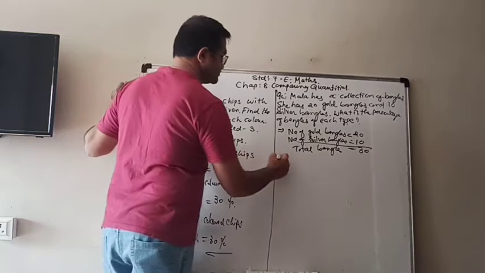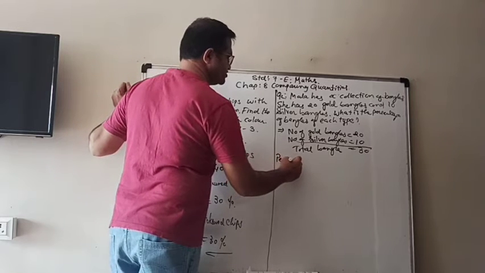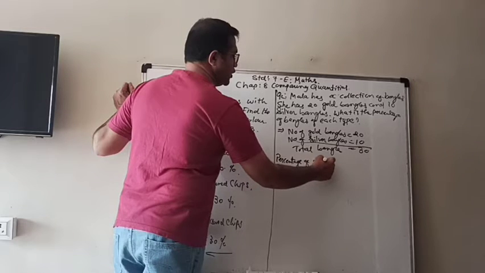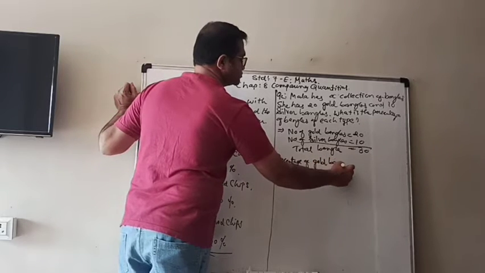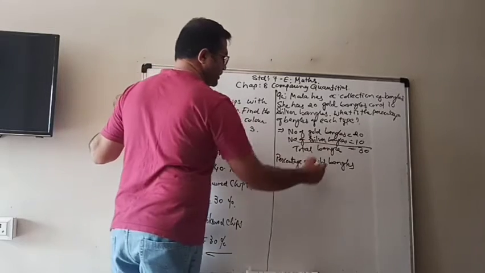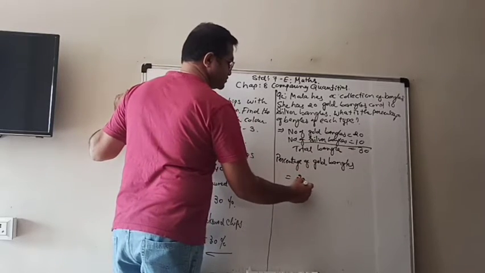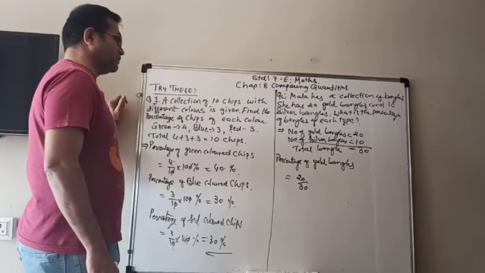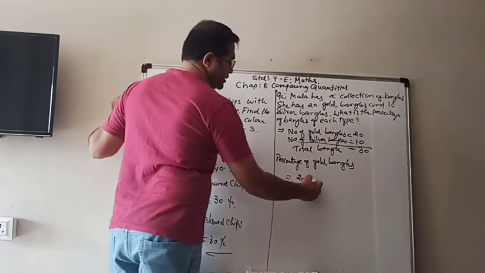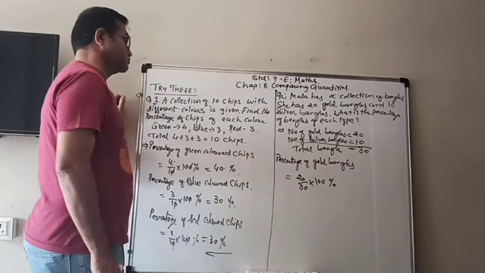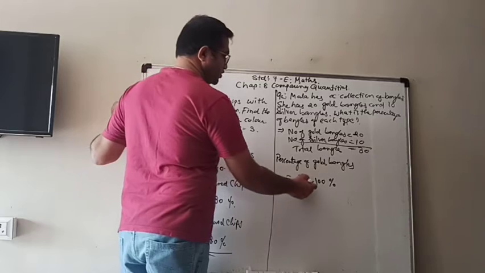So first, percentage of gold bangles. We know that there are 20 gold bangles out of 30 total bangles, multiplied by 100%. Now the zeros cancel.